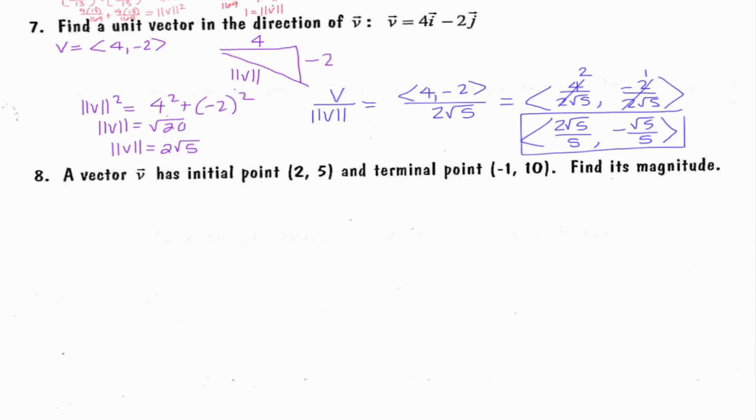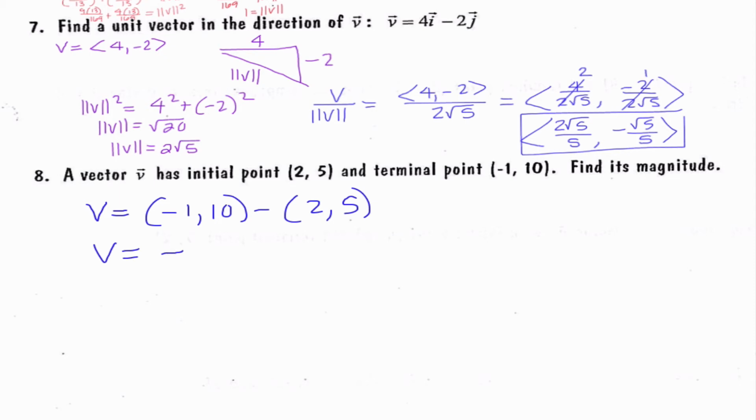Let's do one more magnitude problem before we jump into our next set of notes. Yes, we're not done yet, as you probably saw when you saw how ginormously long this video actually is. So, to find the magnitude, I'm going to start by doing terminal minus initial. So I'm going to do ⟨-1, 10⟩ minus ⟨2, 5⟩.